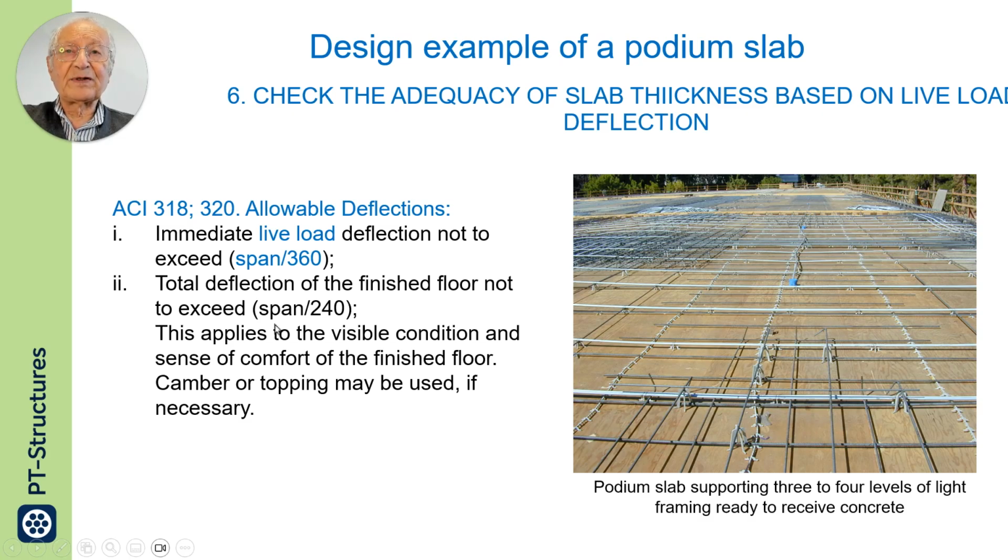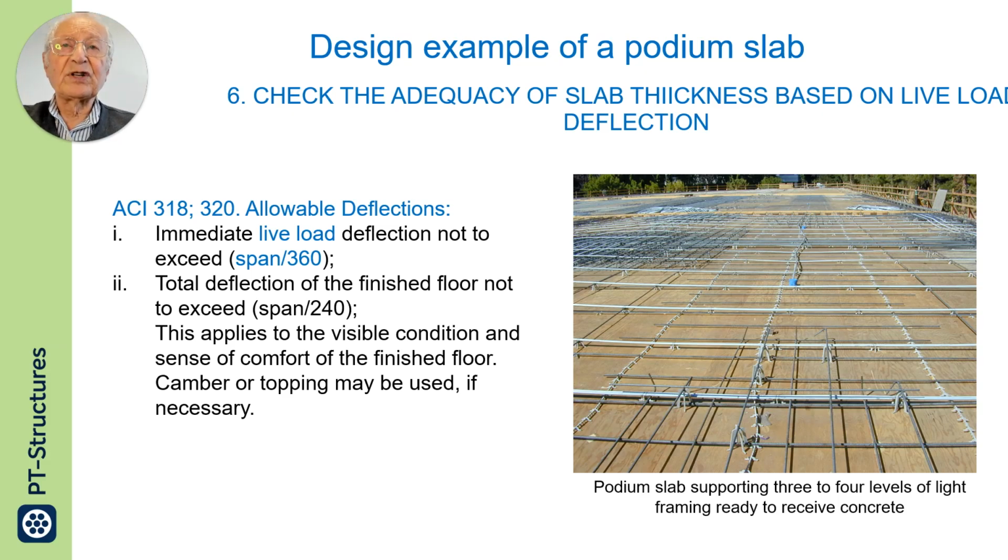I want to emphasize that this requirement of the code has the reason of visual sense of comfort being one aspect of it, and also the function of the floor, malfunction of maybe cabinets and other structures if the deflection is more. So this is the limit, span over 240.